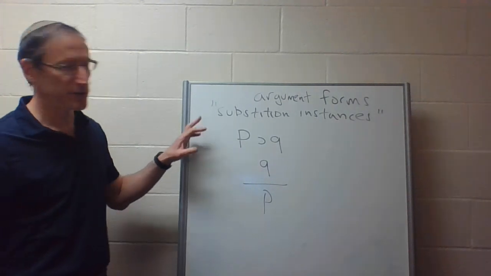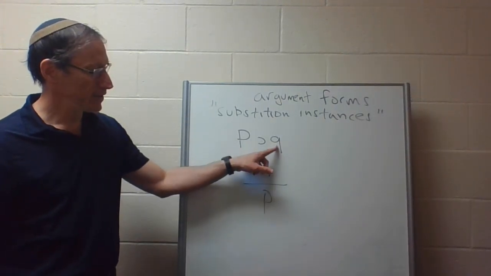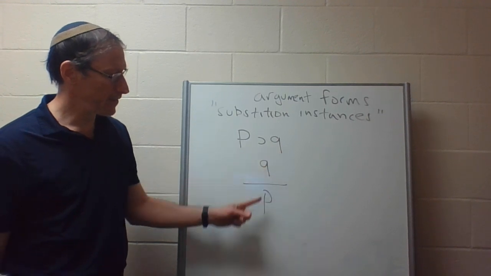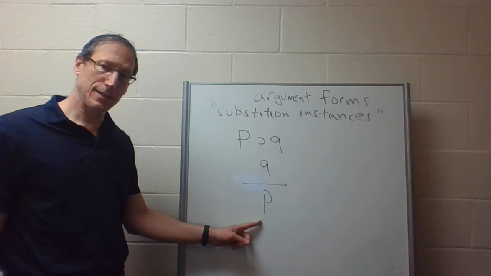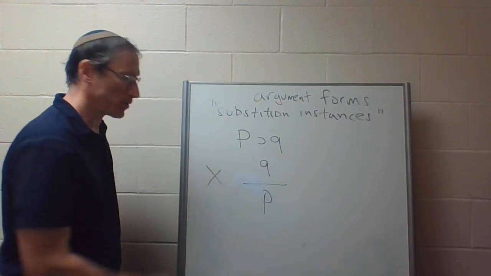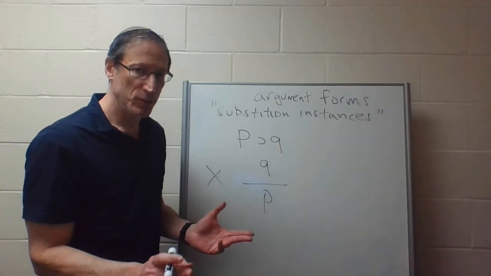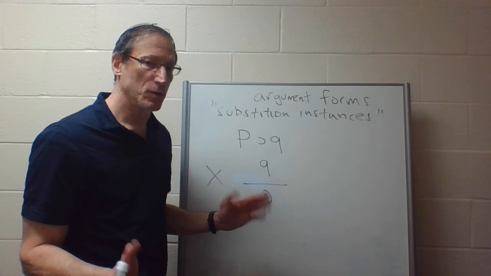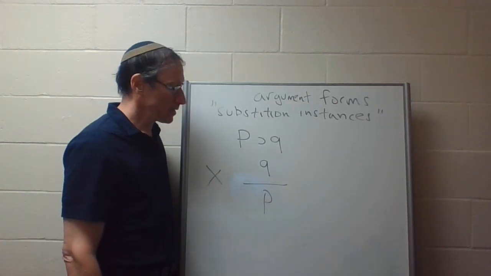Now notice what you have here is a conditional, you have the consequent, and then you're inferring the antecedent. So this is actually a bad or an invalid argument form. Any argument in the world which follows this pattern is going to be invalid.